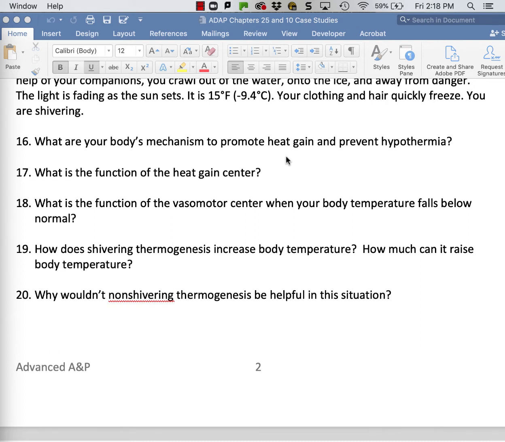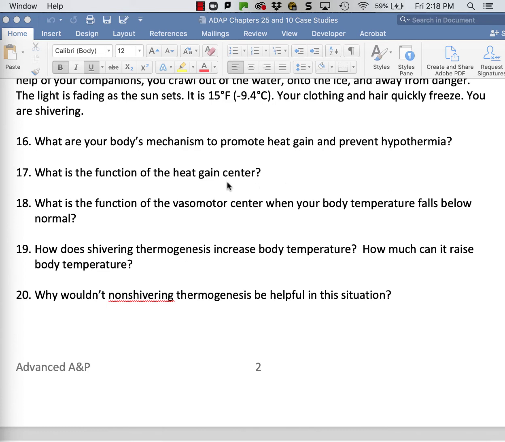The hypothalamus then will signal the blood vessels to vasoconstrict by contracting the smooth muscles that line the blood vessels. This diverts blood away from the periphery, where the cold water is, and shunts that blood toward the depth of your body to try to keep it warm.